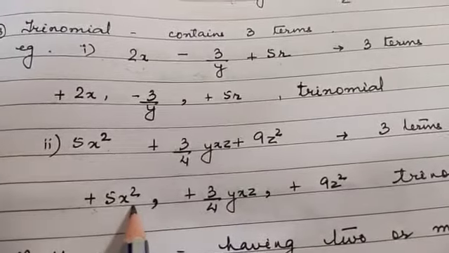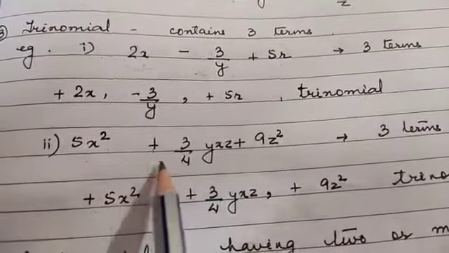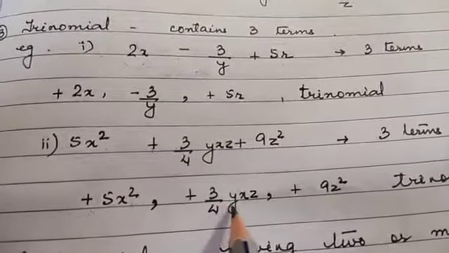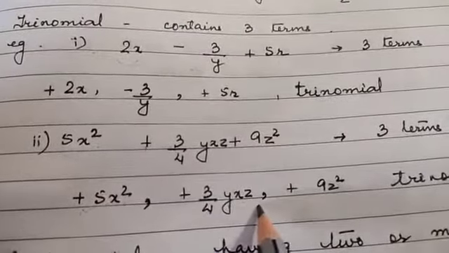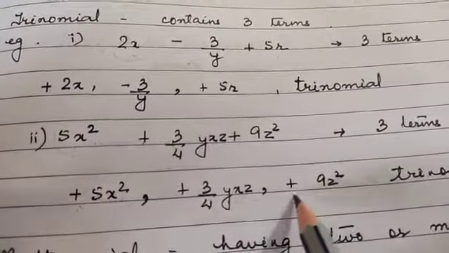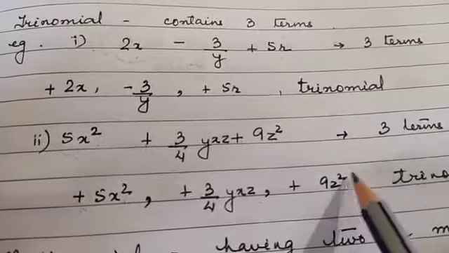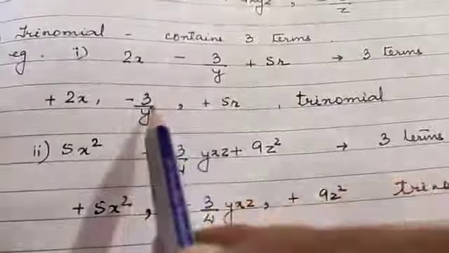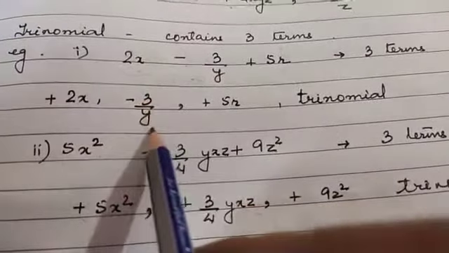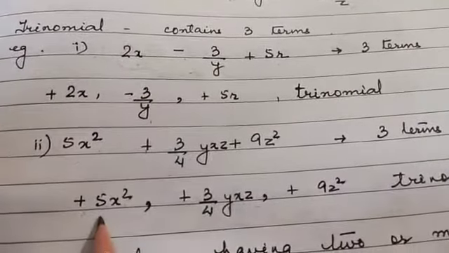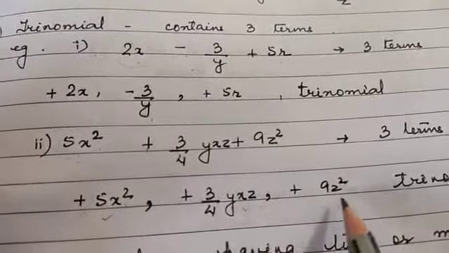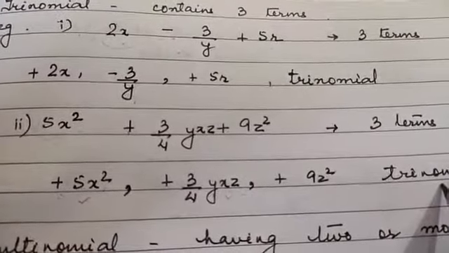Plus 5x square. Here plus sign is given, so plus 3 by 4 yxz. Here plus sign is given, so plus 9z square. See, in the earlier example minus sign was given, so I wrote minus 3 by y. So how many terms are here? 1, 2, 3. 3 terms. So it is a trinomial.